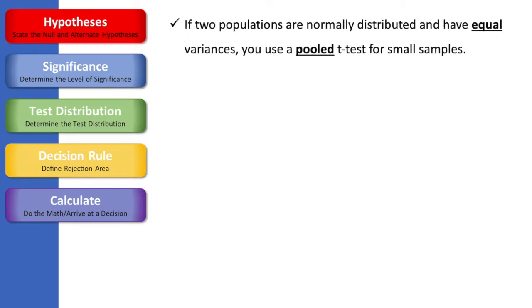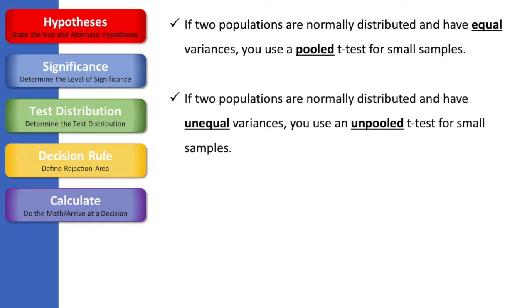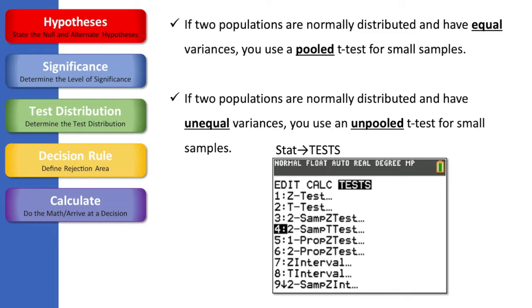If the two populations are normally distributed and do have equal variances, you use a pooled t-test for small samples. If two populations are normally distributed but have unequal variances, you use an unpooled t-test for small samples. On the TI-83 and TI-84 calculator, you're going to go to stat tests and down to two sample t-test. So let's try this out.